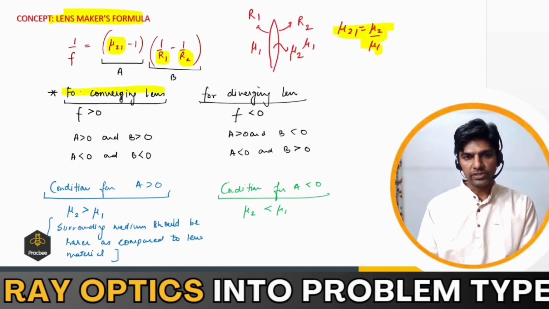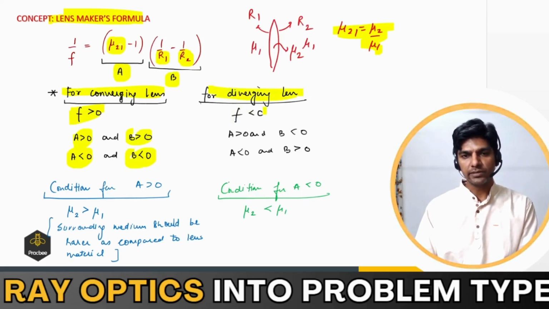Now for a converging lens, focal length will be positive. So in order to keep focal length positive, this factor A and B both should be positive or both should be negative, right? And for diverging lenses, focal length has to be negative. So when do we have focal length to be negative? When A is positive and B is negative, and when A is negative, B is positive. So what is the condition for A to be positive?